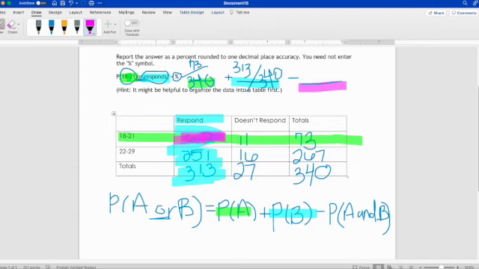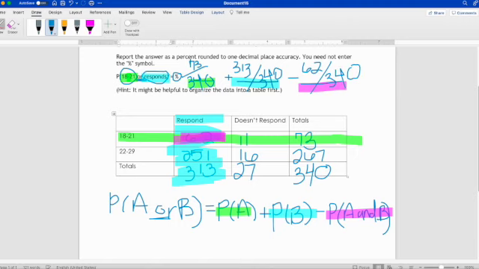So this is the group, that 62 out of the 340, that we counted twice when we counted this for the probability. So that's why we're subtracting off the overlap where they both happen, where A and B happens. In this case, it's where we have the age group of 18 to 21 and responding. That's this group of 62. So I'm going to subtract 62 over 340.